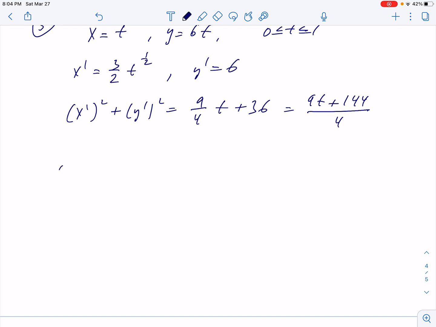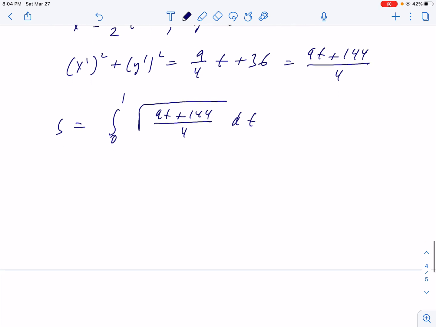And the arc length now, the formula is the integral from 0 to 1 of the square root of this thing, (9t plus 144) over 4, dt. We can distribute the square root top and bottom, and the root of 4 is 2, so 1/2 comes out. And here I'm writing the integral.